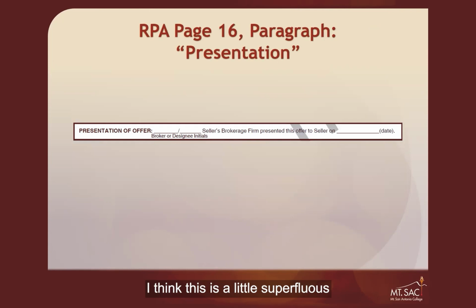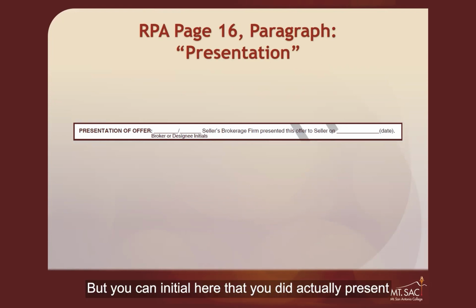I think this is a little superfluous because you already had a space earlier where the seller could sign the rejection, but maybe you have a seller that doesn't want to sign the rejection. You can initial here, meaning that I just initial the rejection. That's what the seller does, initial, doesn't sign. But you can initial here that you did actually present.